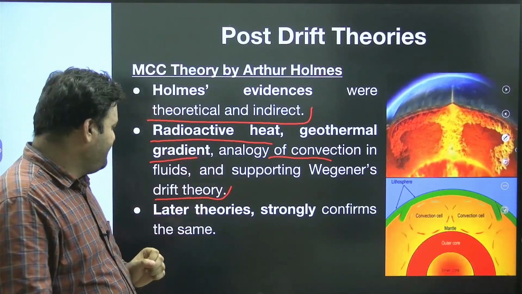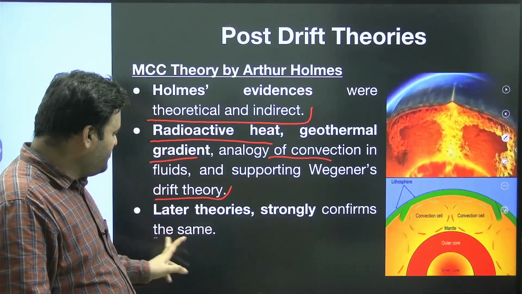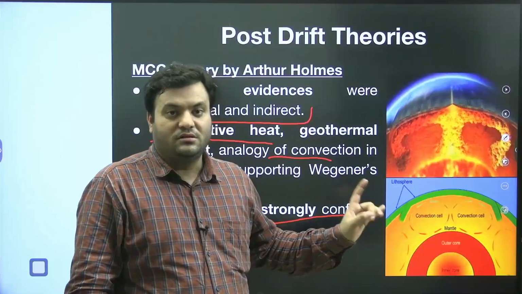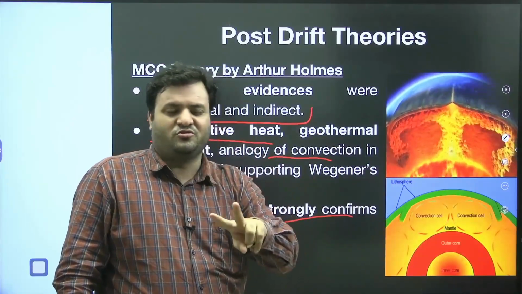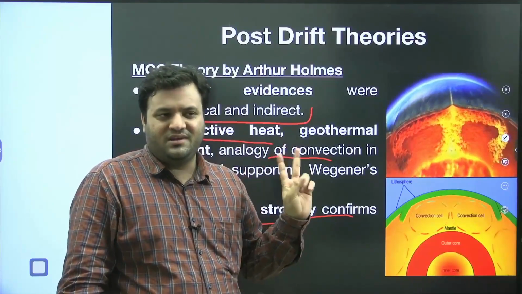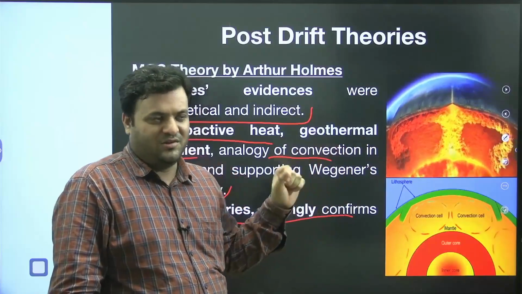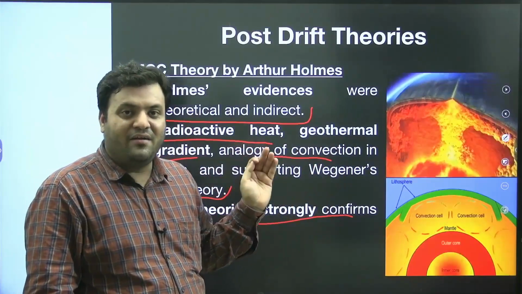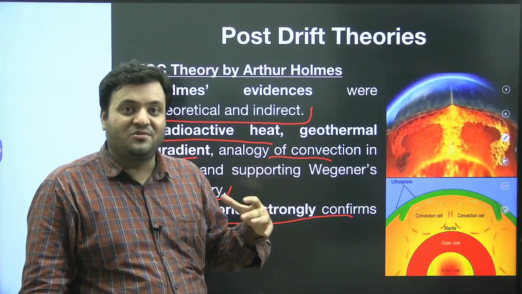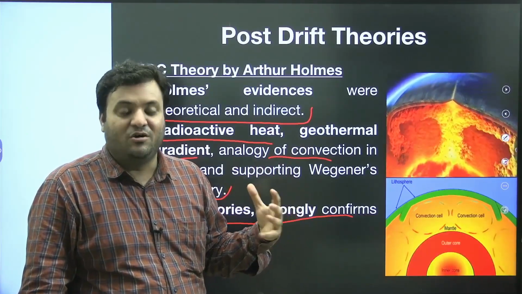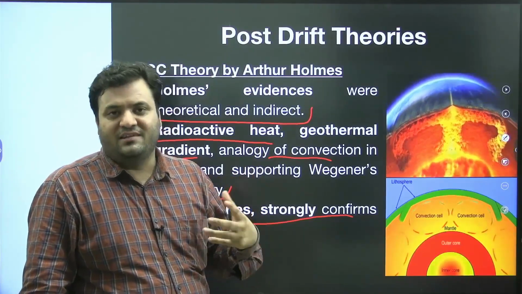Later, we will see that plate tectonics theory also justifies that Wegener was correct, and Arthur Holmes too. Both these theories were later validated by subsequent research. So Arthur Holmes provided a driving mechanism, and with more validation, we have clarity about the driving mechanism.